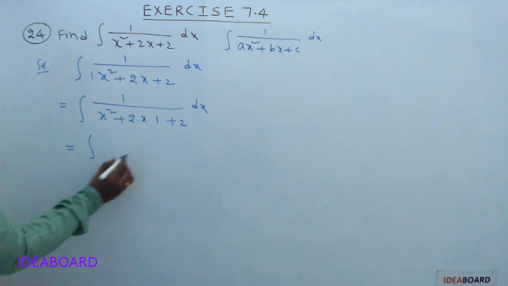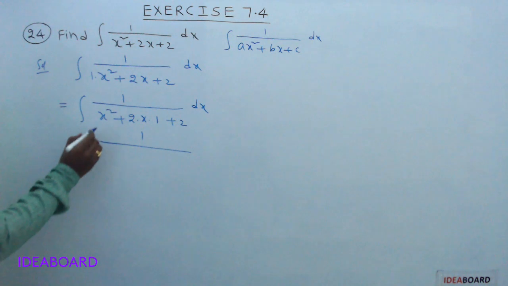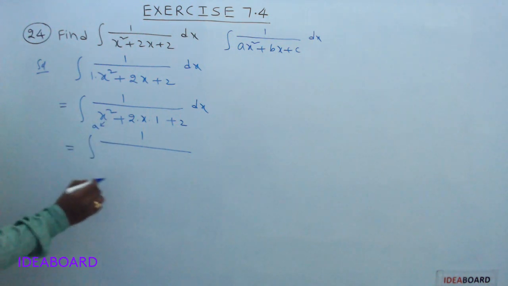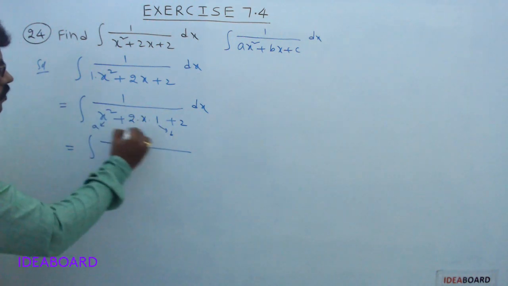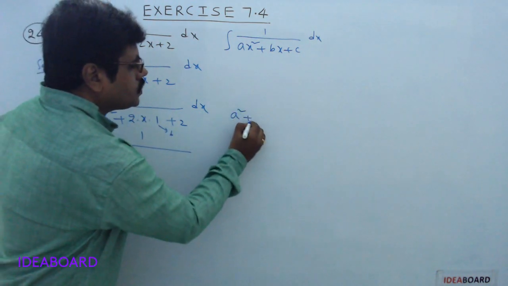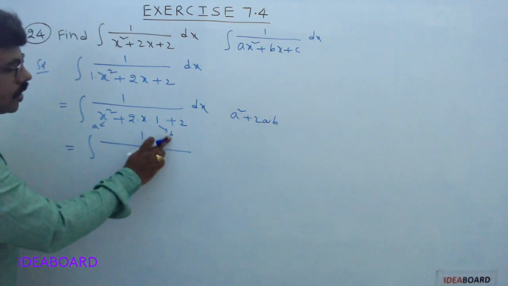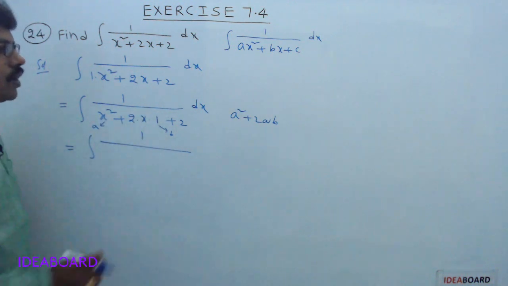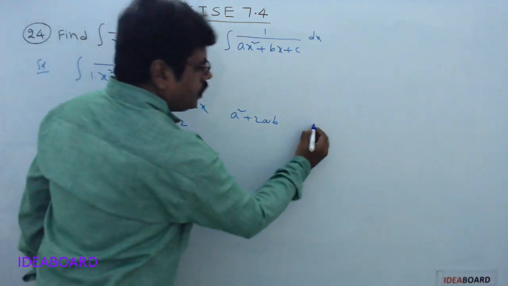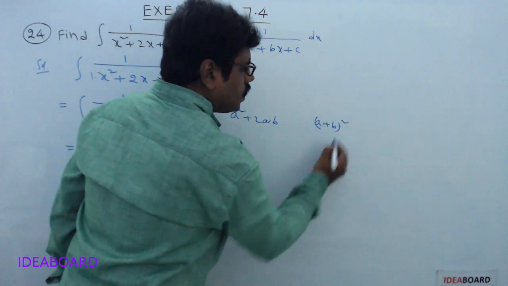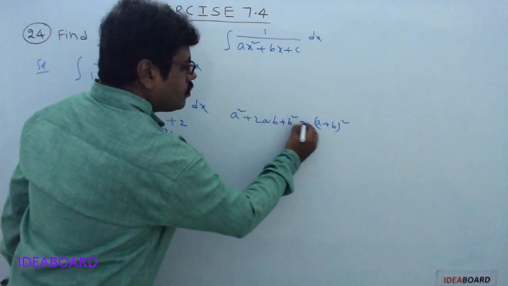Now in this expression, if you consider this x as a and this 1 as b, this expression is of the form a square plus 2ab. So to make this expression as a perfect square, that is a plus b whole square, we need b square term. So that is plus b square.